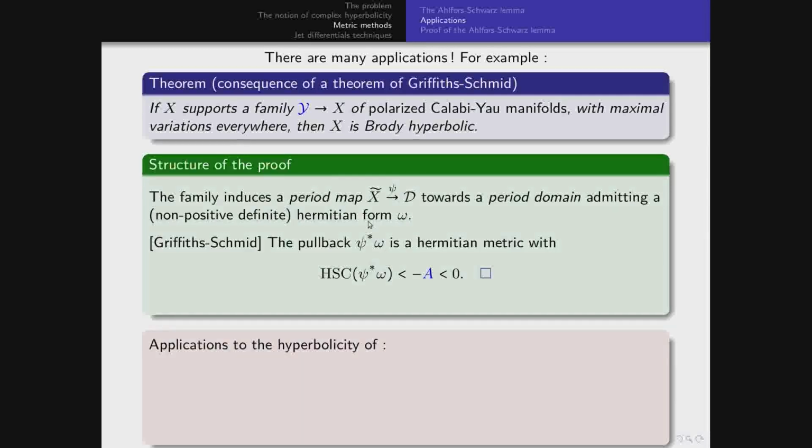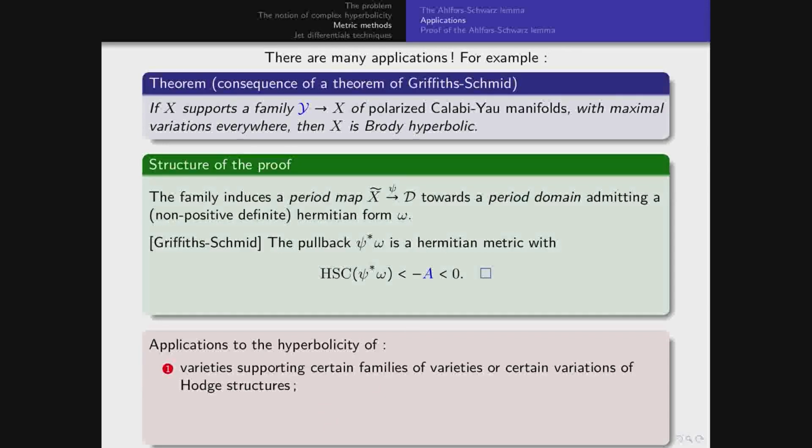Okay, and so I will maybe stop here with this slide about applications. I will just give you briefly some other results which were proved in the very recent years.